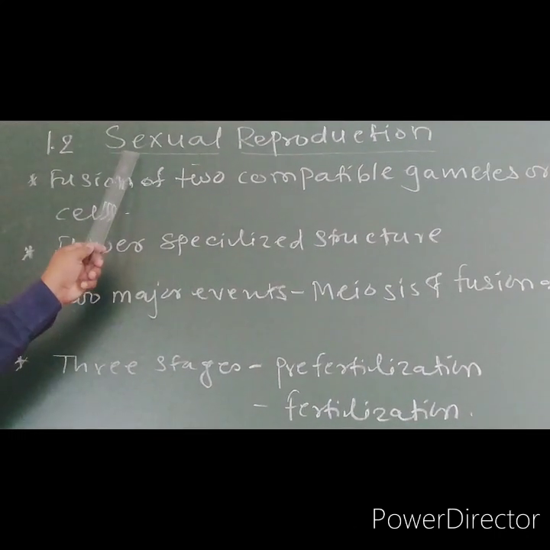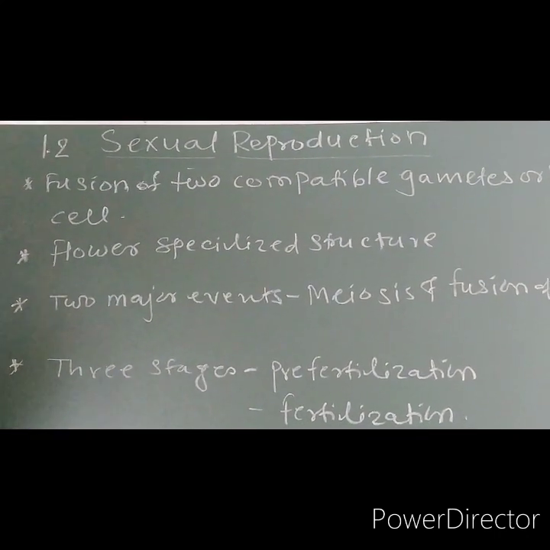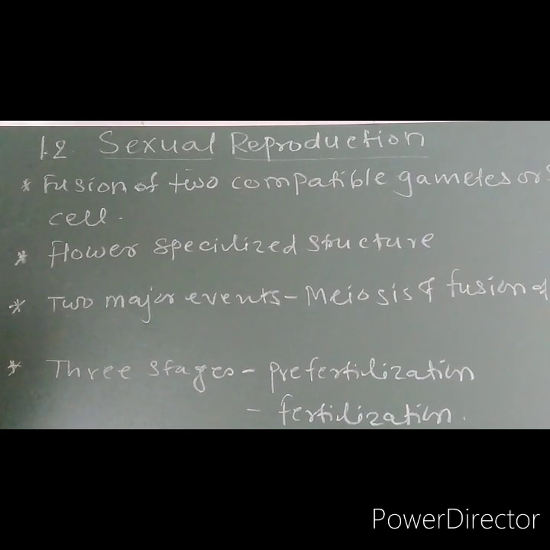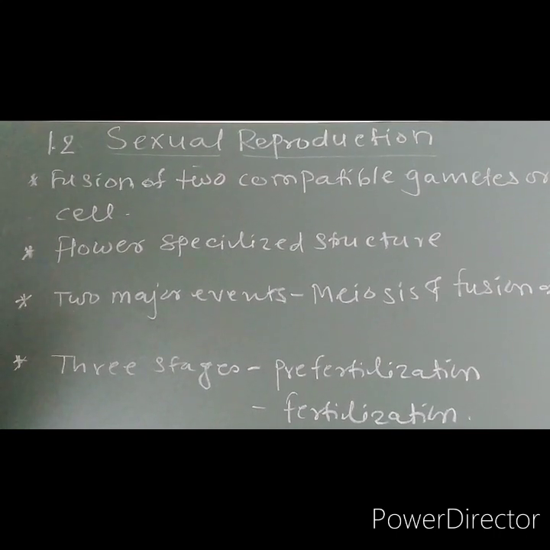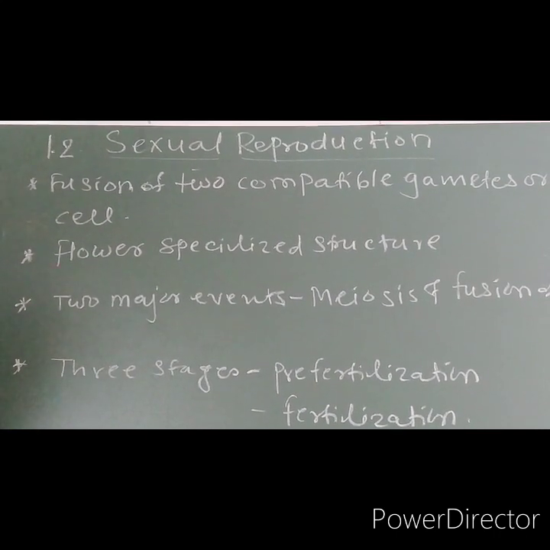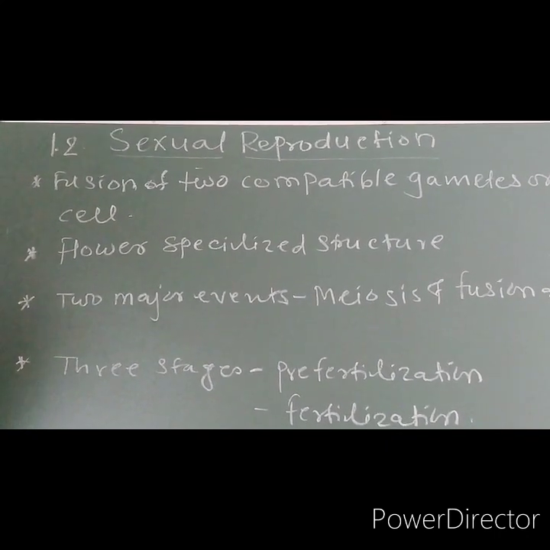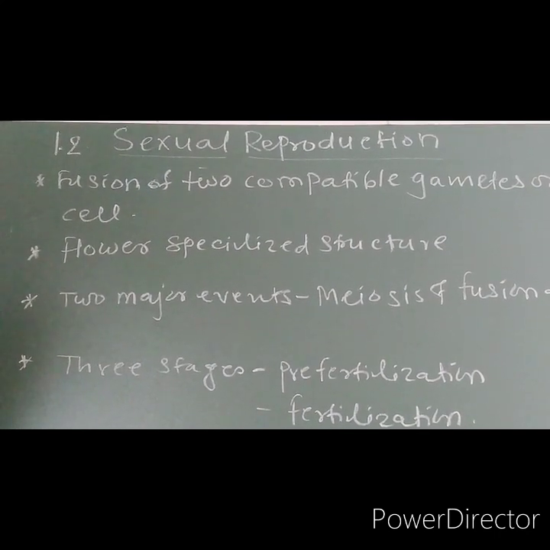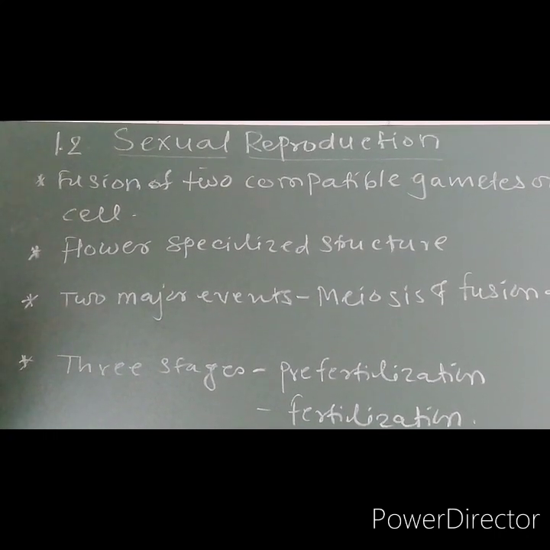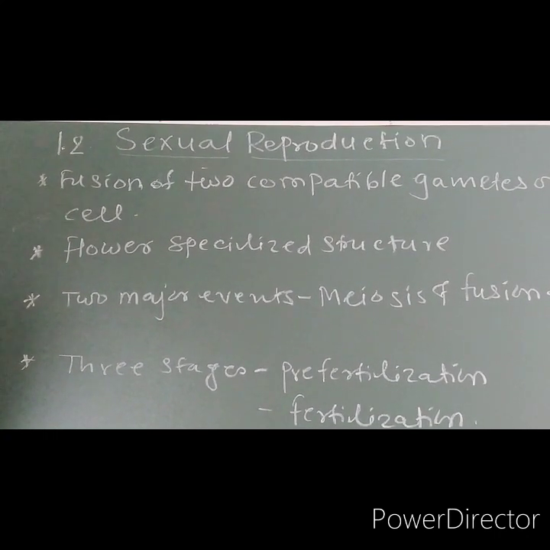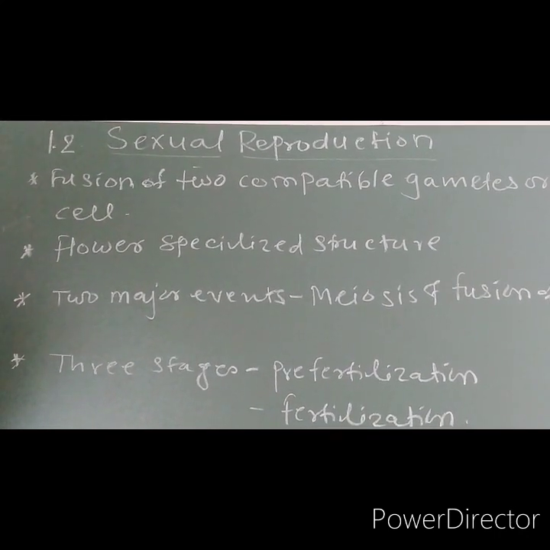Now, sexual reproduction. The flower is a specialized reproductive structure of a plant in which sexual reproduction takes place. A typical flower consists of four different whorls, that is calyx, corolla, androecium and gynoecium. Sexual reproduction involves fusion of two compatible gametes or sex cells.